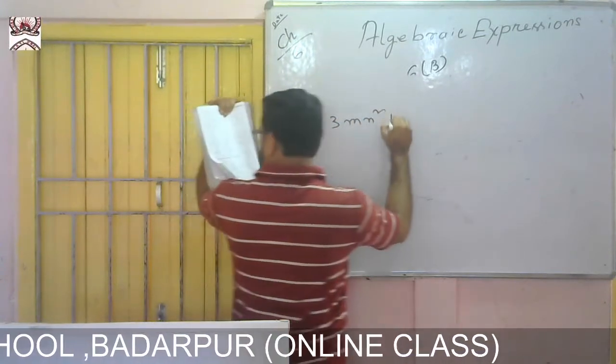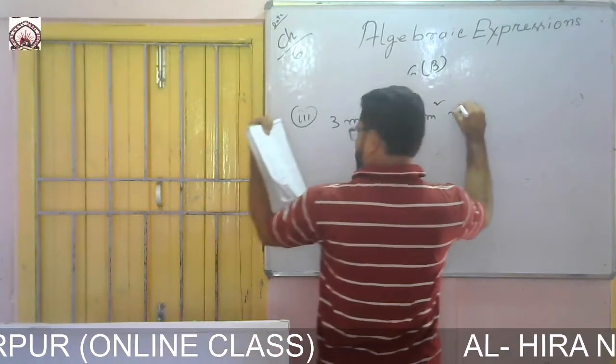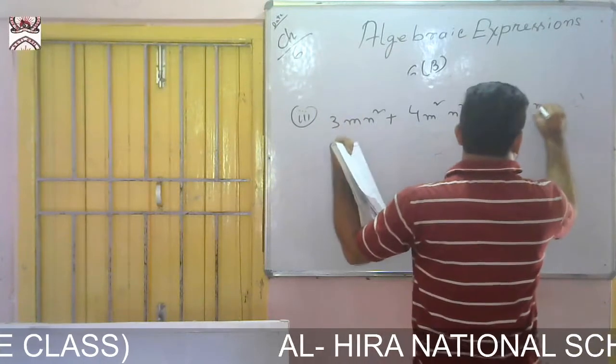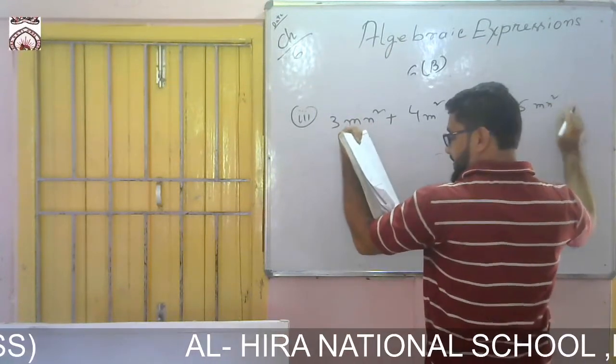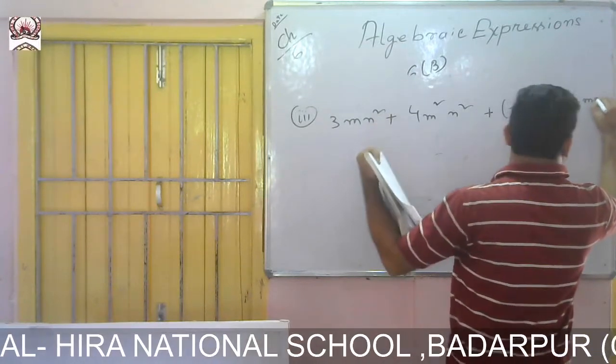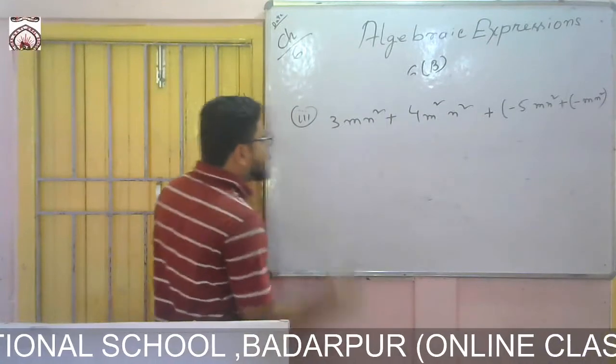3mn square plus 4m square n square plus minus 5mn square plus minus mn square. So here you check.